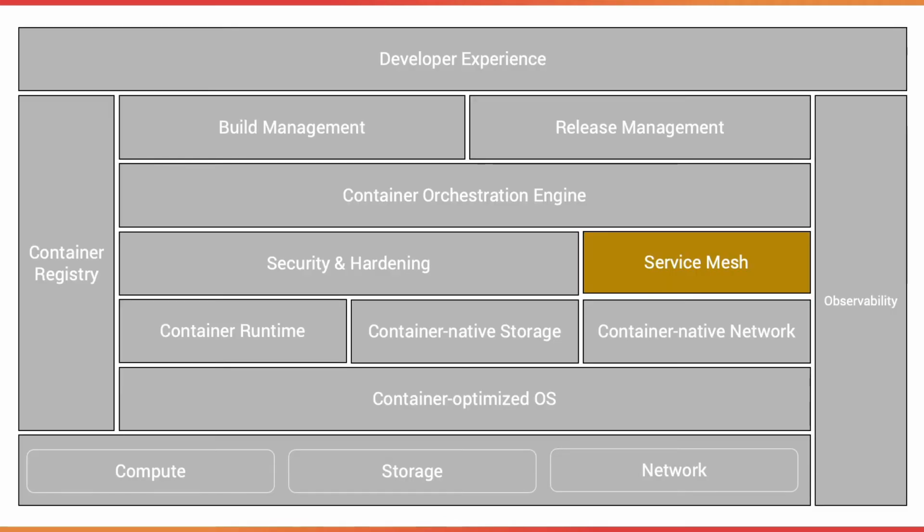Now, service mesh. Service mesh is a very important aspect. Most of the production workloads rely on a service mesh. Think of that as an application network that brings in three elements. The first one is it provides mTLS security or encryption among microservices.